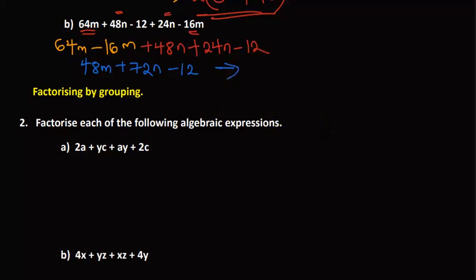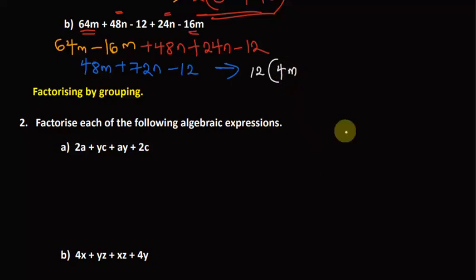Let's factorize now, the last step. This is what we will be having. What is common between everything here? 48, 72, and 12. 12 is common, so we'll put 12 outside. M is not common and n is not common, so we'll have 12 into bracket. 48 divided by 12 is 4, so 4m remaining.